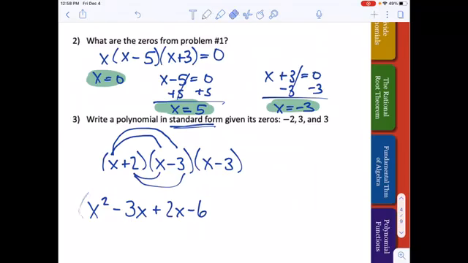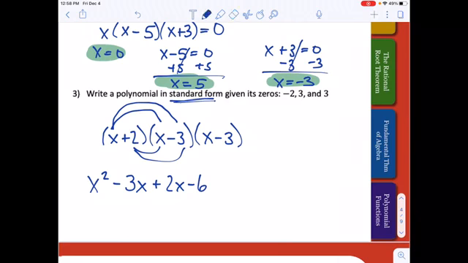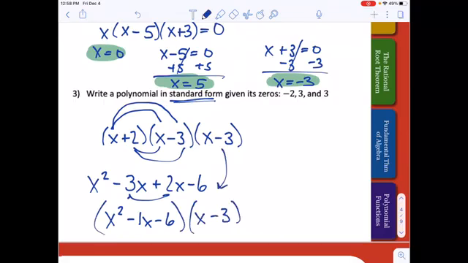Well, first of all, got ahead of myself. We should combine like terms first. So we should combine these two, because they are like terms, to be -1x minus 6. Now, we have to take that trinomial and multiply it by the remaining binomial down here.